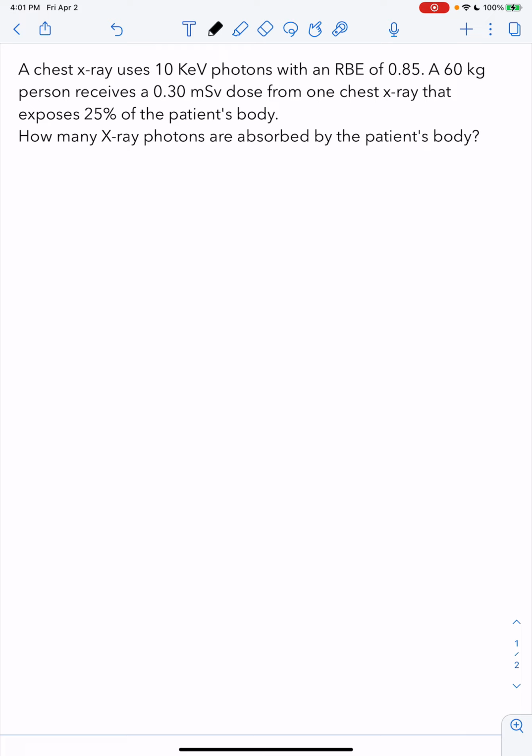So we want to know how many x-ray photons are absorbed by the person. Okay, so first of all, we want the energy absorbed. So we need to put the dose in terms of grays.